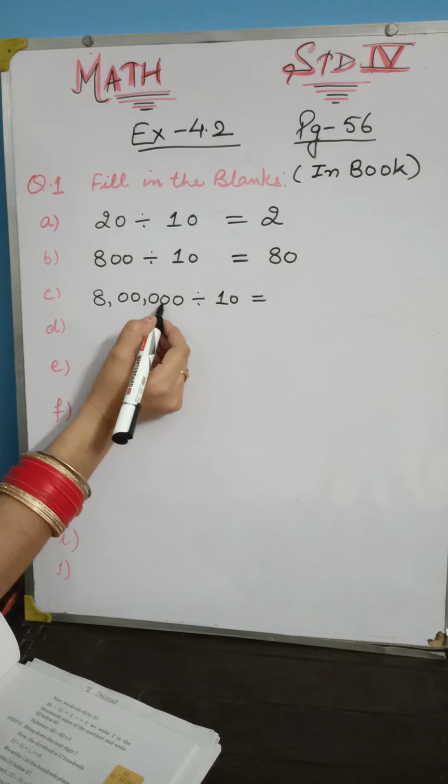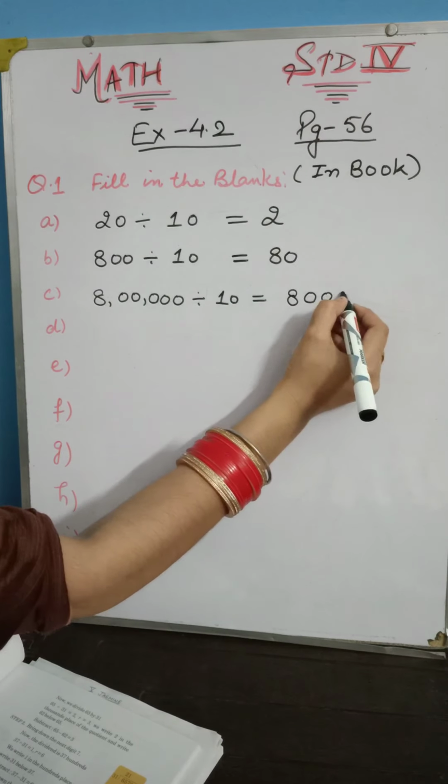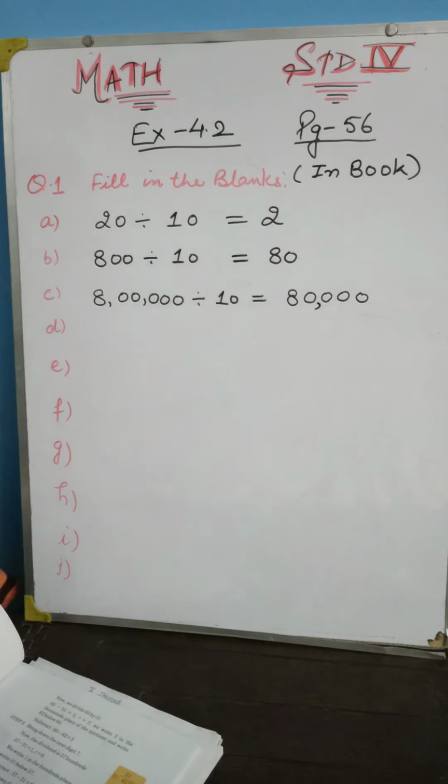How many zeros will be left? 1 2 3 4 zeros. 8 and 4 zeros. According to this, we'll place the comma. 80,000. I am not doing all the parts. I am taking randomly parts from the question. So you will do all the parts in your book.